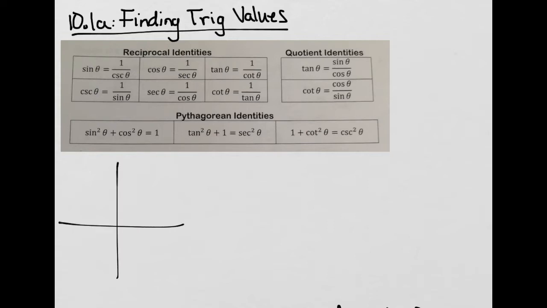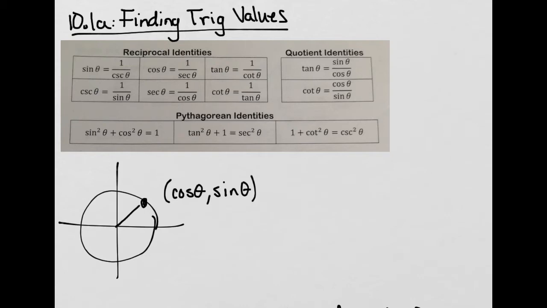So if you were to look at the unit circle, say we take any point, and remember the points x, y are cosine, sine. Cosine is the x coordinate, sine is the y coordinate.